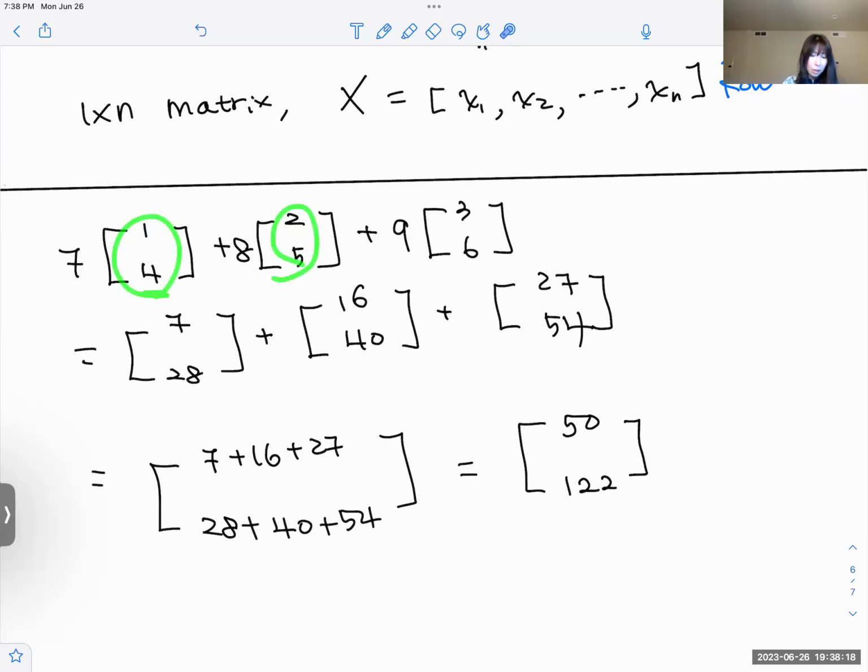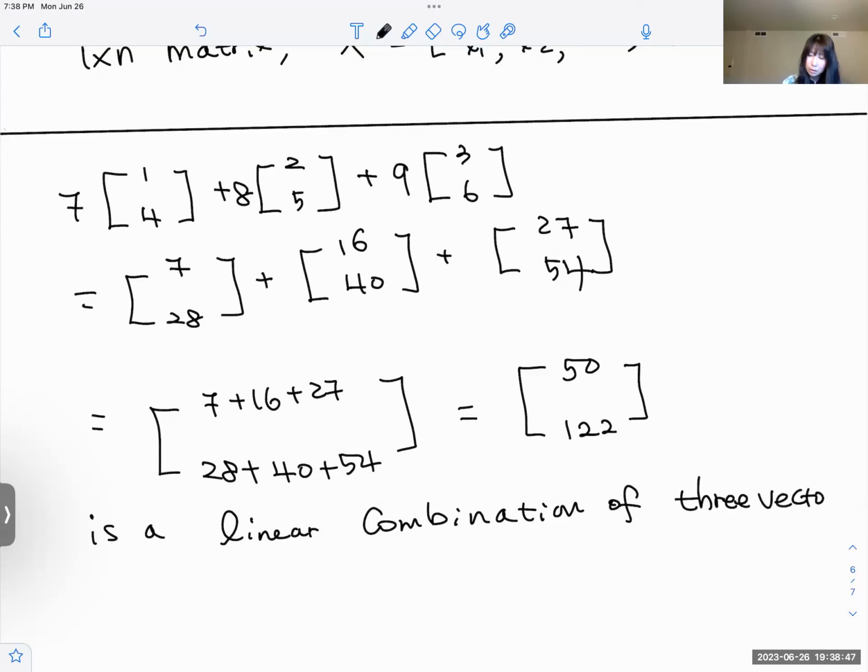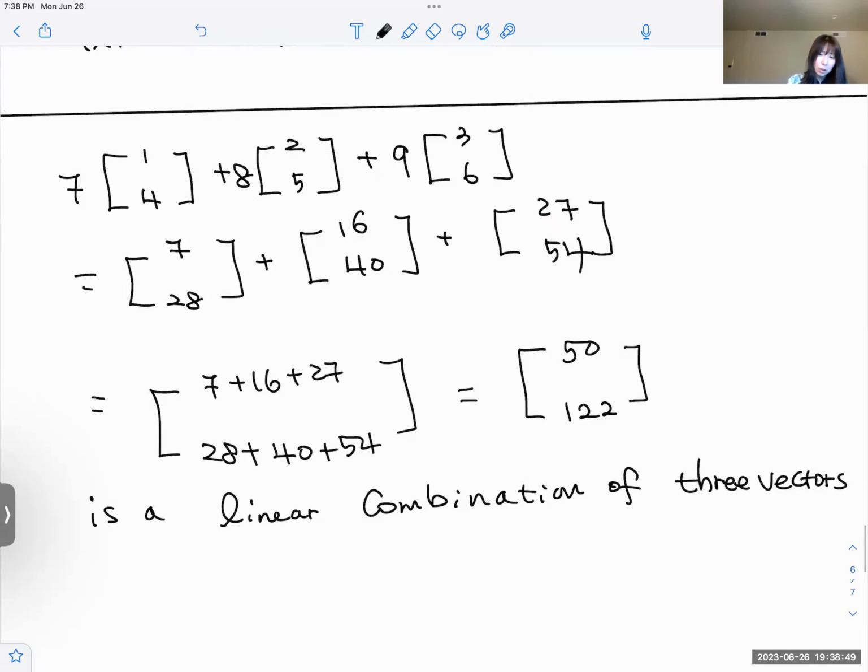We can use v1, v2, v3 as a vector notation later on, or u, v, w. So it is a linear combination of 3 vectors. We had it before, linear combination, right? This is the second time we are using that linear combination.